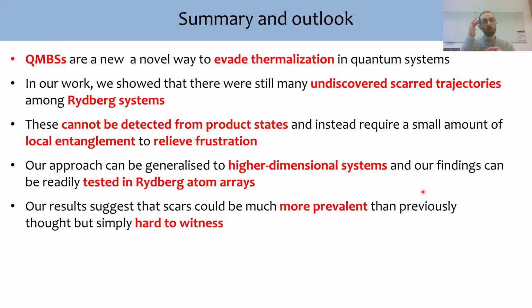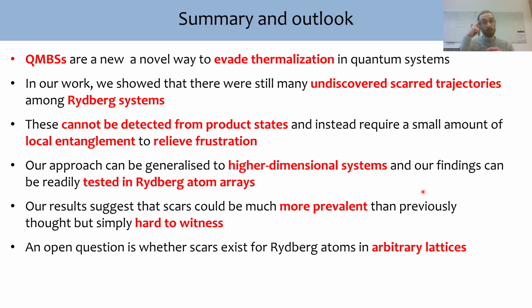And overall, our results suggest that scars could be much more prevalent, so not just in Rydberg atom arrays, but maybe in other platforms. And it's just that the ones we saw so far in experiment are just the easy-to-see ones because they rely on product states. And there could be many more that rely on slightly entangled states and so have never been measured just because they are hard to find.